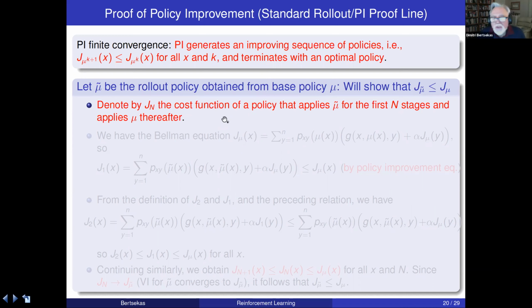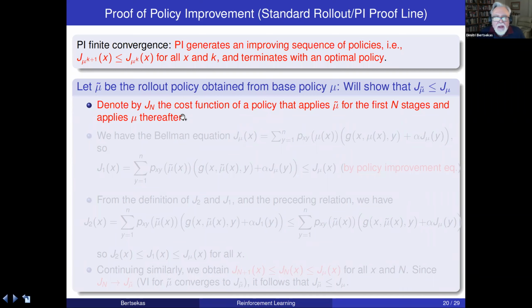So here's the key construction. We have mu, and we can generate mu tilde by policy improvement. And let's call J n the cost function of a policy that applies mu tilde for the first n stages and then applies mu after that for the remaining stages to infinity.